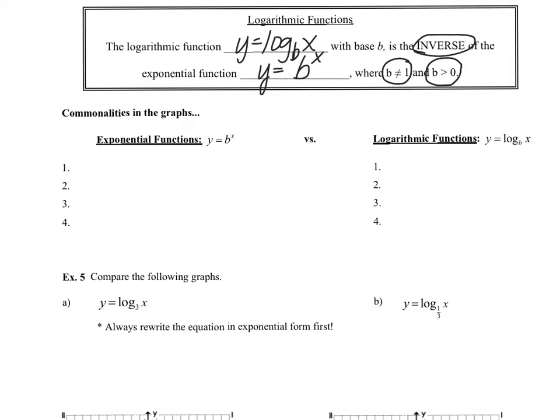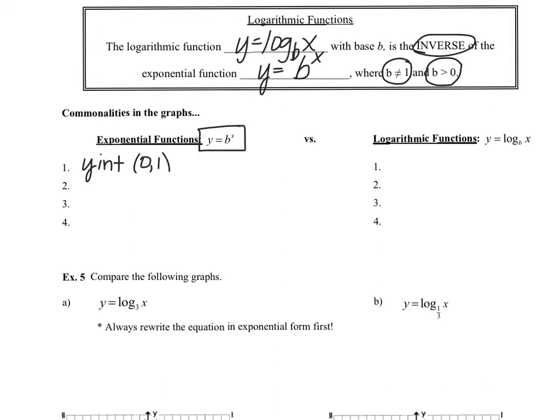So therefore, if we can remember the common features of an exponential graph, then when x and y are interchanged, which is what we do to create the inverse, we'll easily be able to come up with a list of features for logarithmic functions as well. So for example, when we're talking about parent functions, y equals b to the x, before any shifting and before any reflecting, we know that these exponential functions will have a y-intercept of the point 0, 1.